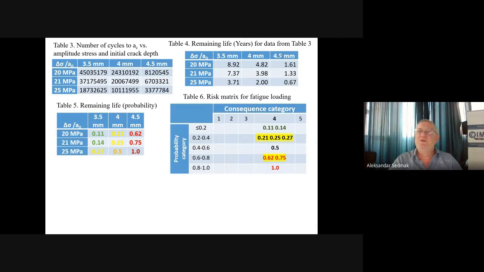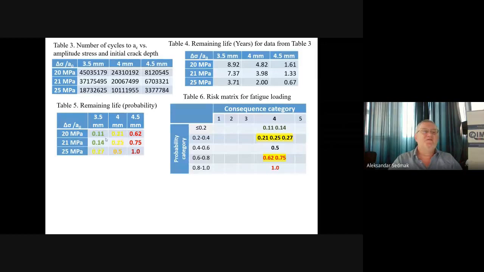But with 4.5 millimeters and 25 megapascals of amplitude stress, we are actually already done with this component after 2/3 of the year. So this component cannot run more than 8 months in this case. So this is what we can get in conservative and simple way.